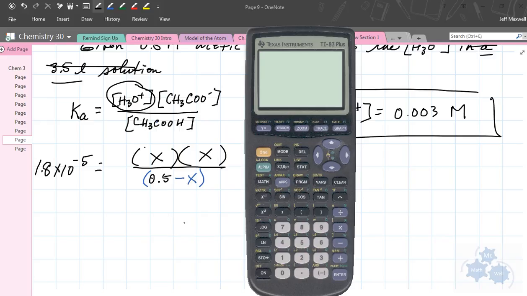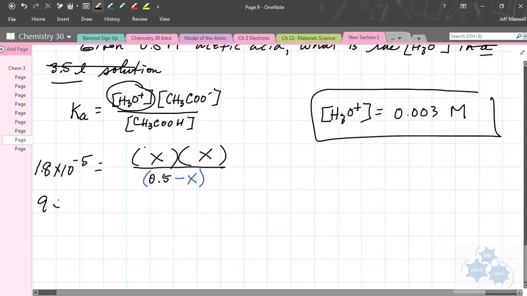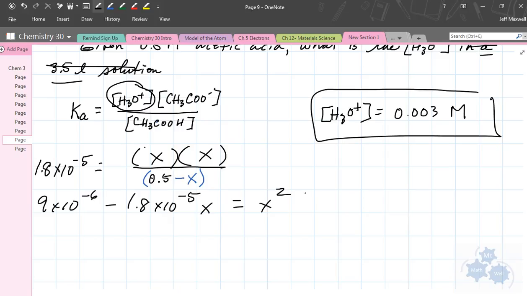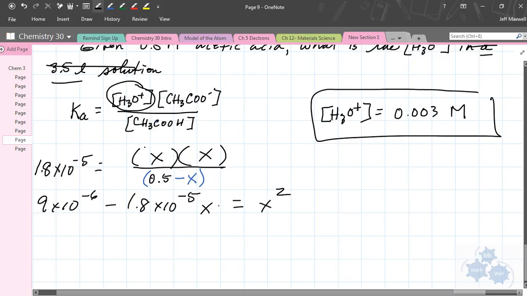All right, so we have 9 times 10 to the negative 6 minus 1.8 times 10 to the negative 5 x equals x squared. Now, we can't simply take the square root of both sides. Now we have to do the quadratic formula because it's a quadratic equation.